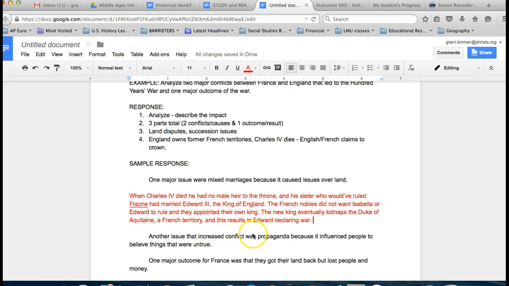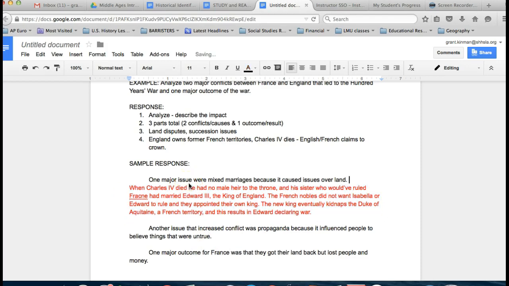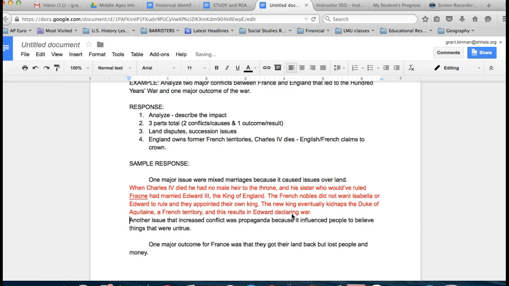So the response does require that you go deeper with the analysis. It's one thing to make a claim, one major issue were mixed marriages because it caused issues over land, but we had to bring it full circle and explain how we got to the issue over the land, which was Aquitaine, the French territory, and this results in war. So second piece here, another issue that increased conflict was propaganda because it influenced people to believe things that were untrue.